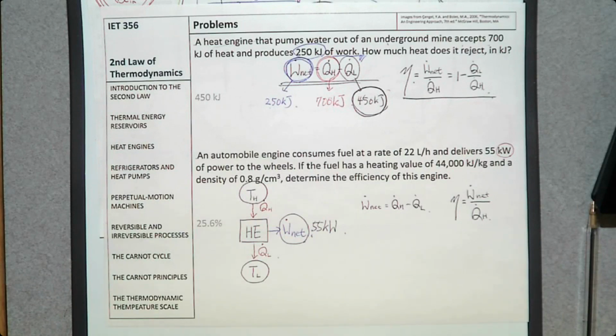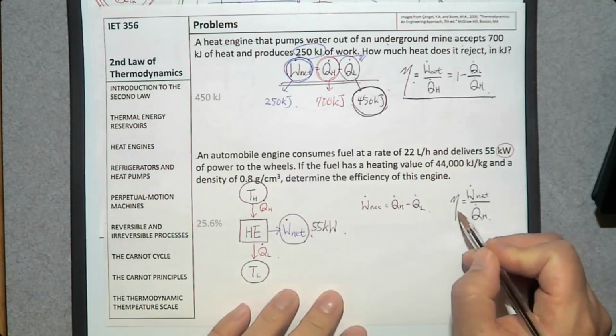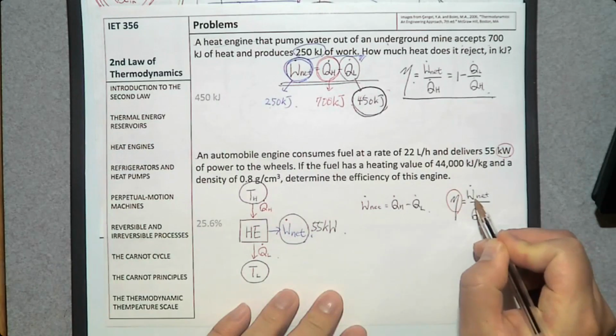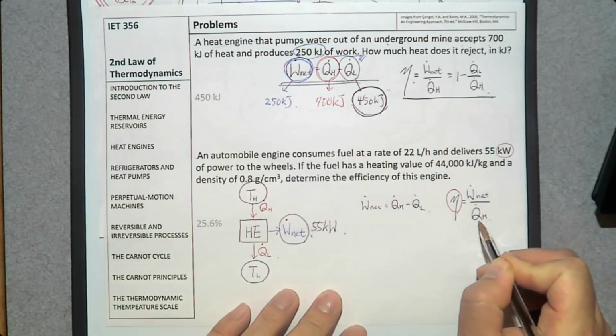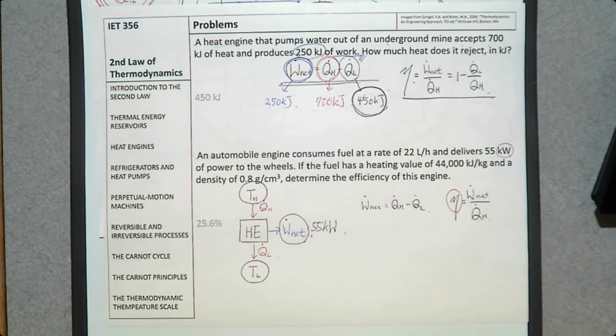One thing you can notice is liter per hour, gram per centimeter cube. Why are the units so ugly? Because the actual problem is pretty simple. So let's see. Determine the efficiency. Where is the efficiency? This one. That means we need to know the net power and the rate of heat transfer from the source, which is the fuel.